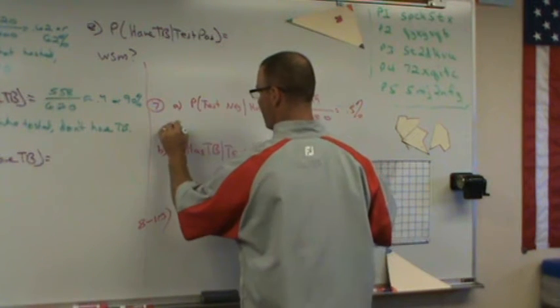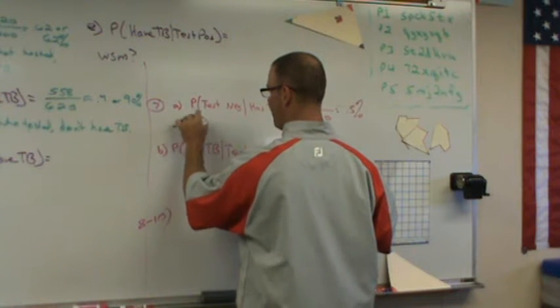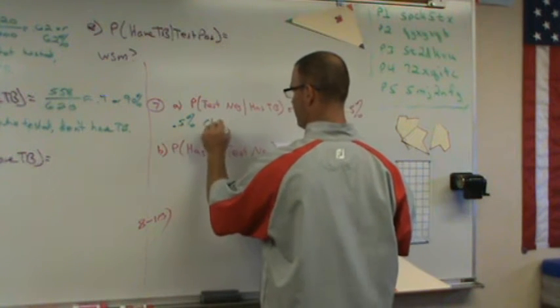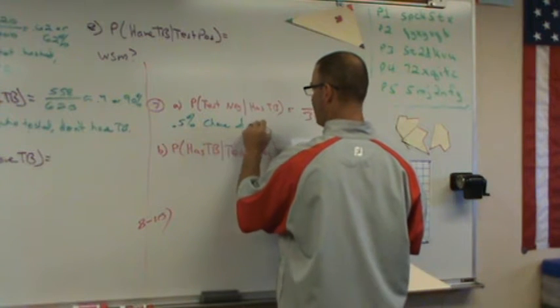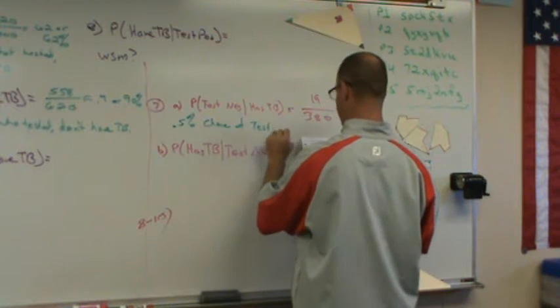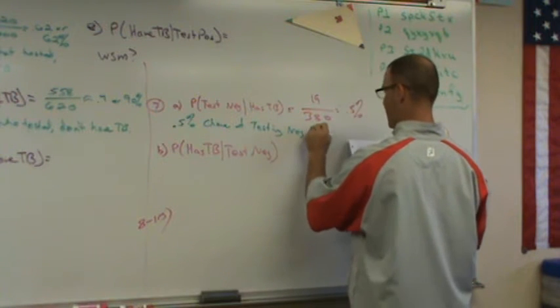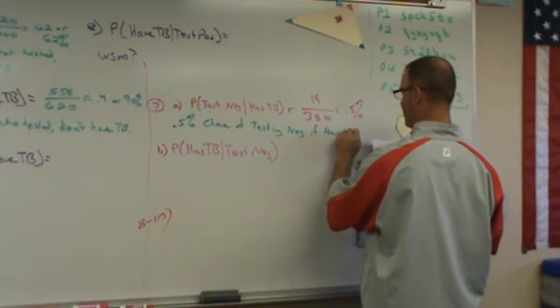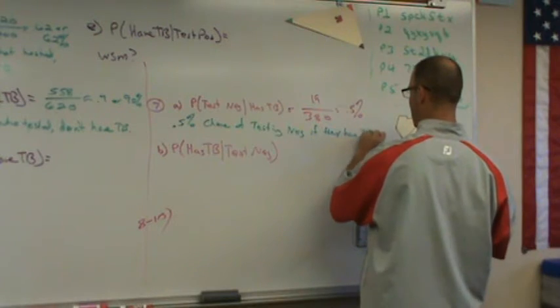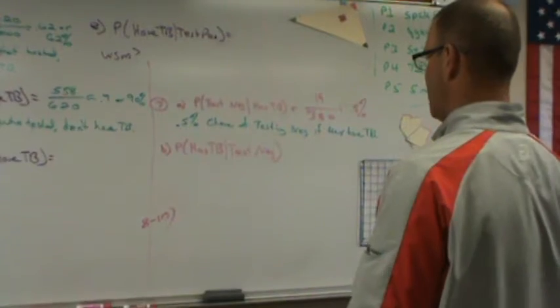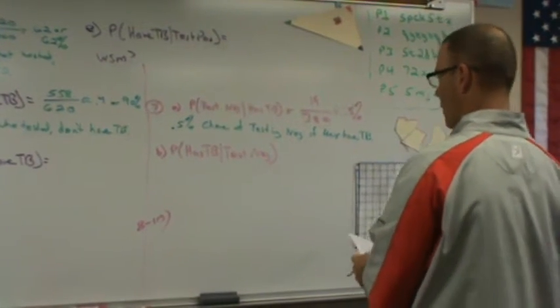That means there is only a 0.5% chance of testing negative if they have TB. And you need to make sure you interpret the results. If I don't see interpretations of the results, I'm just going to dock you points.